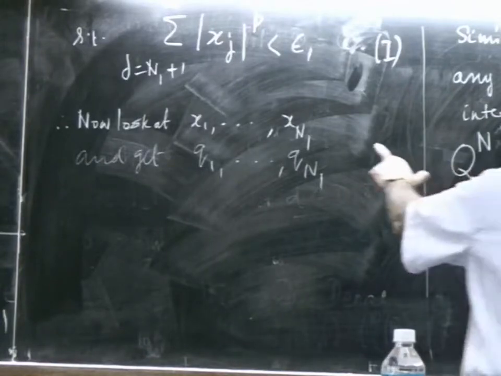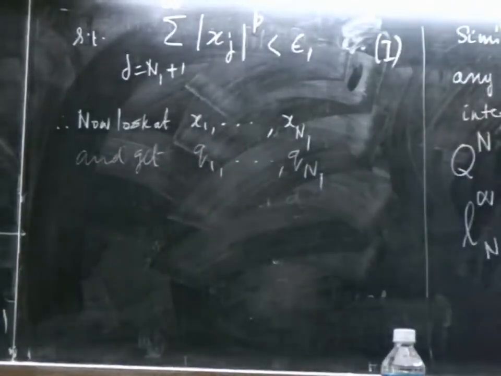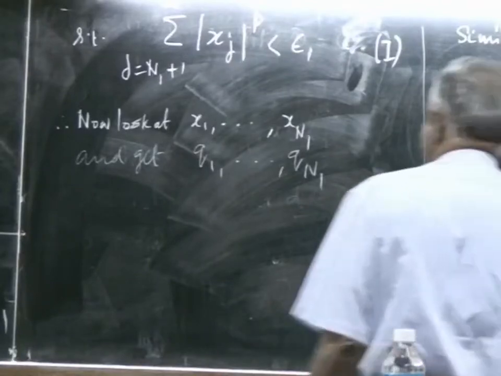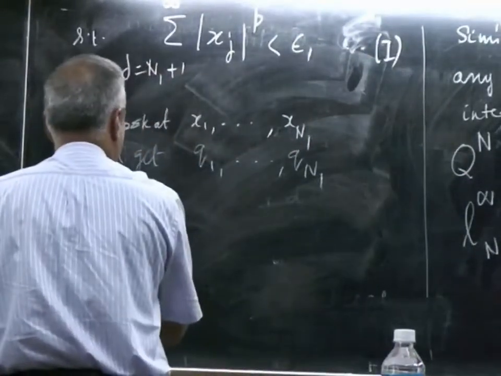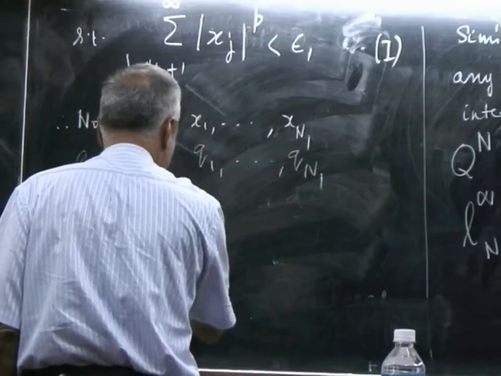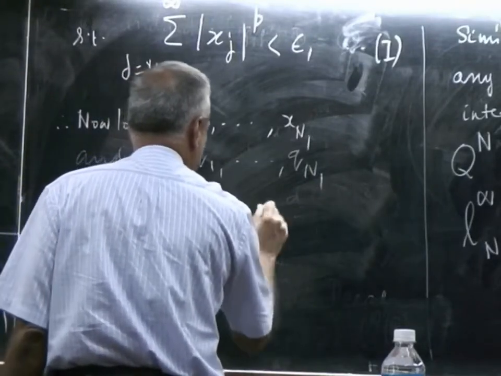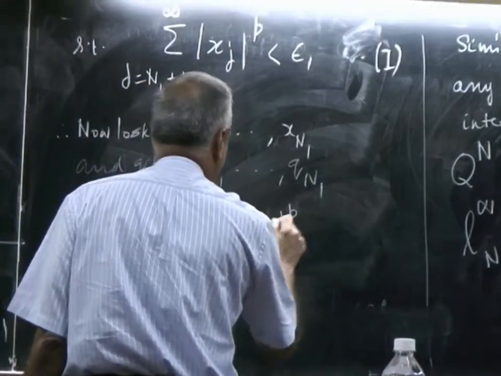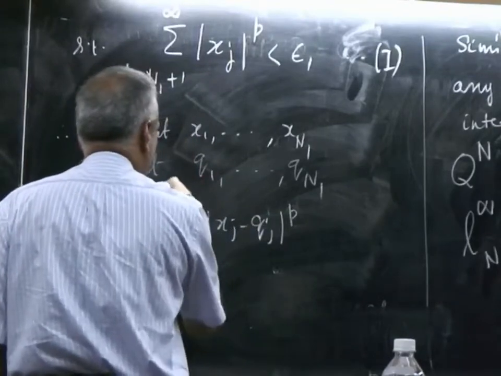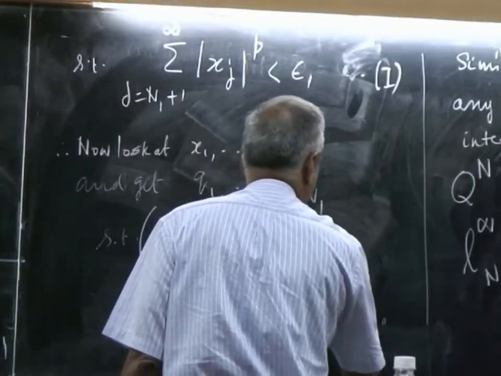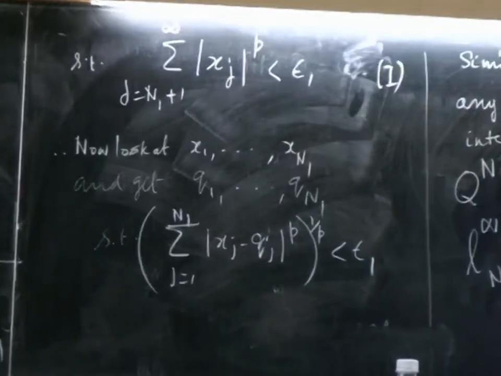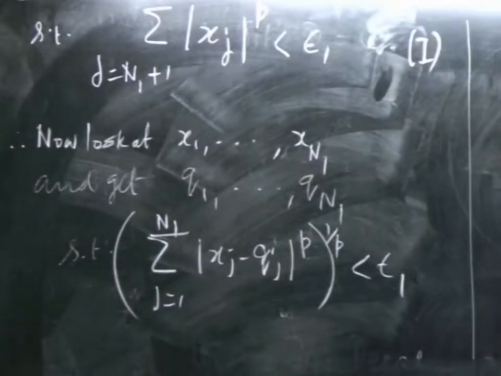I have a finite number of components, I can get a finite number of these such that the summation |xj minus qj|^p, j equal to 1 to n1, to the power of 1 over p is less than epsilon 1. Right? Once you are in finite case, you can do that. Okay. Look at only the head part of the sequence. The head part is in l^p n1.